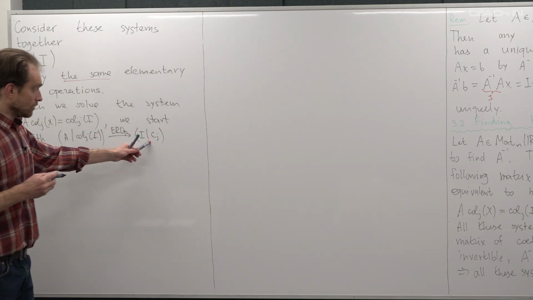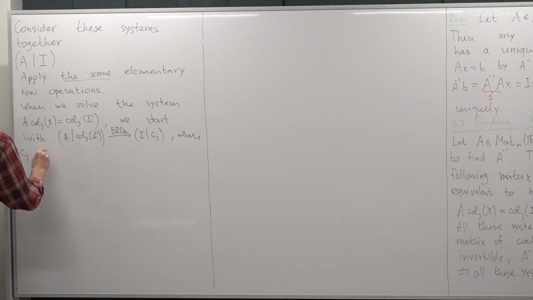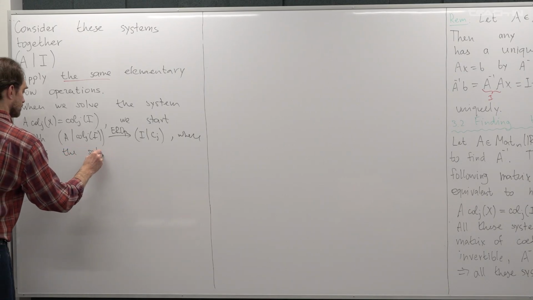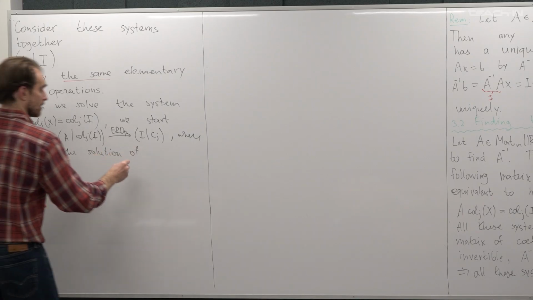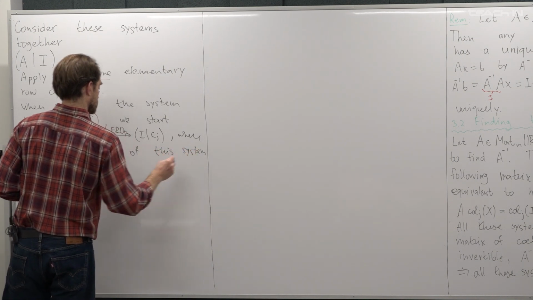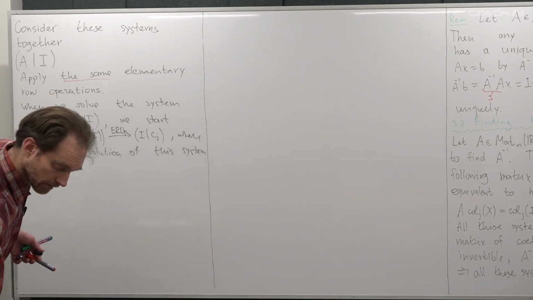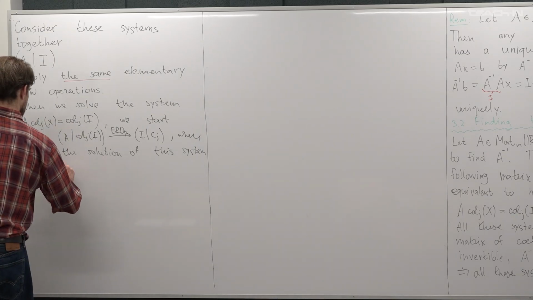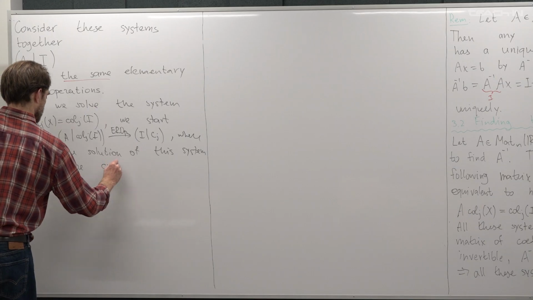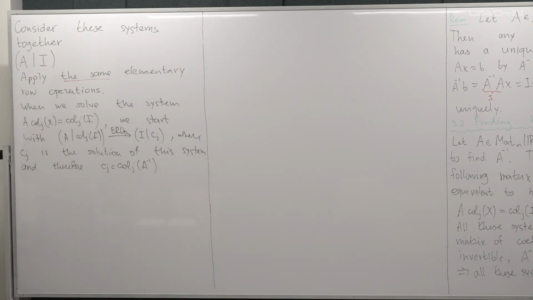And this is the solution, where C sub j is the solution of the system, and therefore it's just the jth column of the inverse matrix.